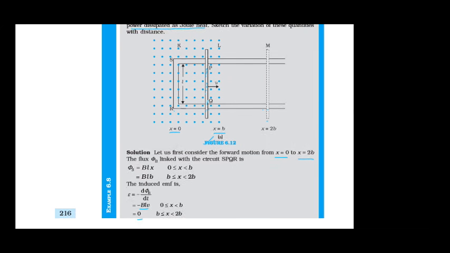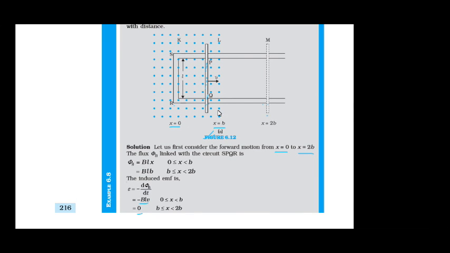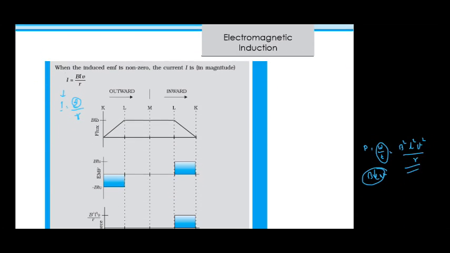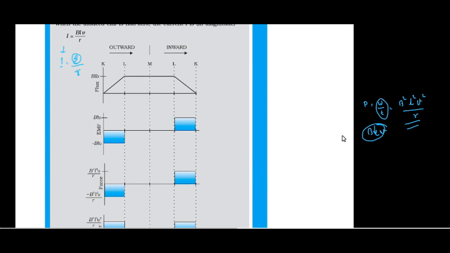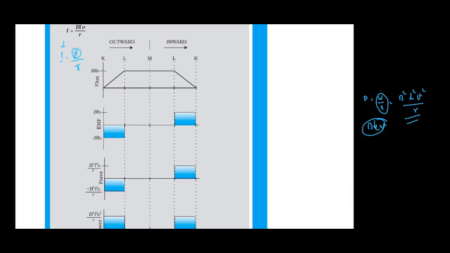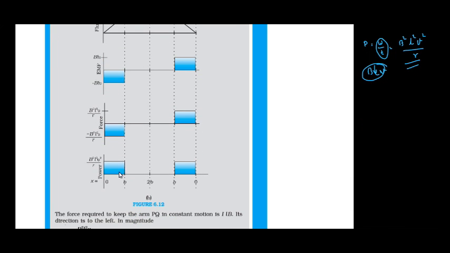So from B to 2B and 2B to 3B it is 0, so it is parallel. So no work is done here, no work is done, just parallel.